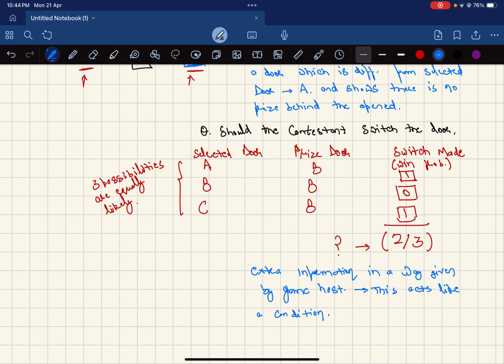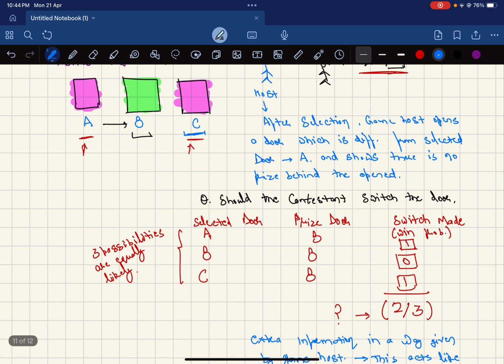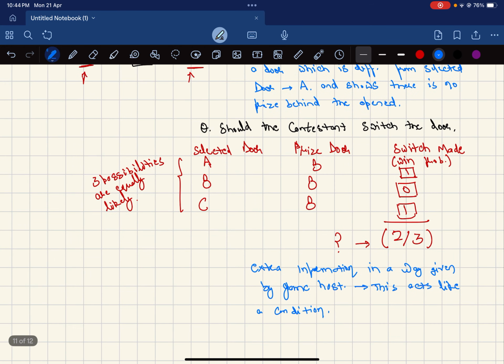Since we know that the game host will always open the door which doesn't have a prize behind it, we are very sure about that in all these three cases, and therefore we can estimate that in two of these three cases we are actually winning if we switch the door, and thus one should switch the door when the game host gives that choice.